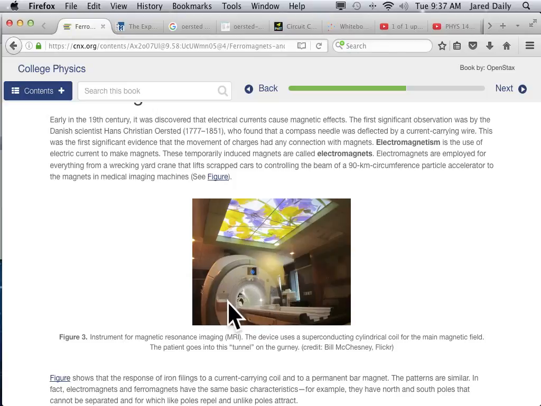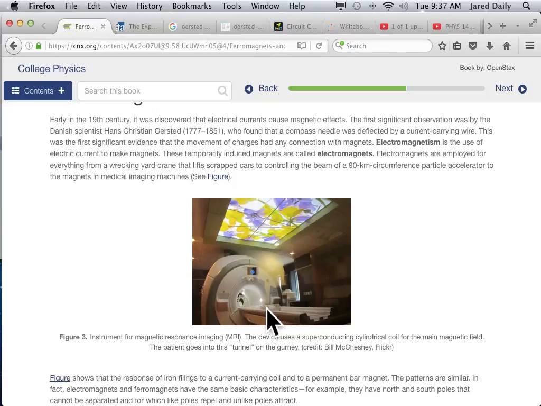It's a big coil that they put electricity through. Now, they don't use a coil of wire, they use a coil of superconducting material, which is kind of like wire, but different a little bit. We'll learn more about that later. But they have a current going through here that is extremely big, and it makes a huge magnetic field that goes right down the center of this coil.